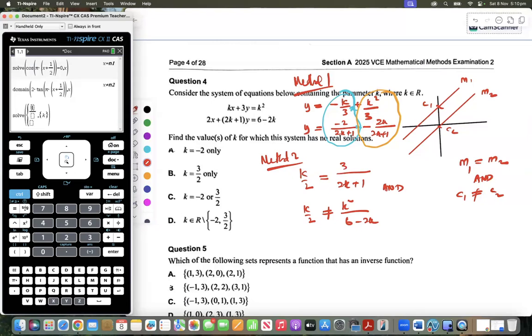So that one is K over 2 should be equal to 3 over 2K plus 1. Second equation, the same thing here.